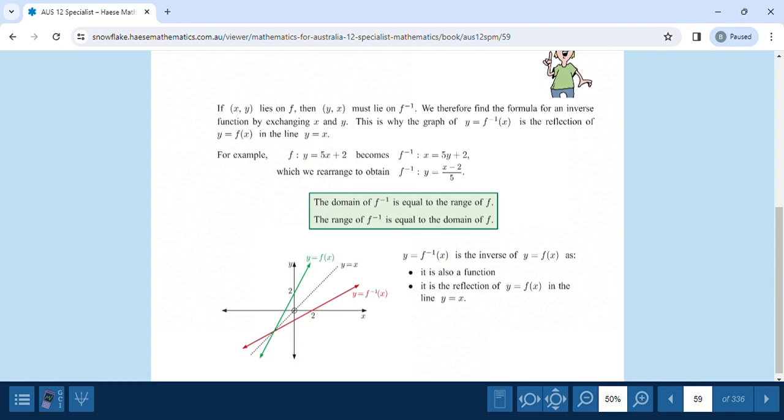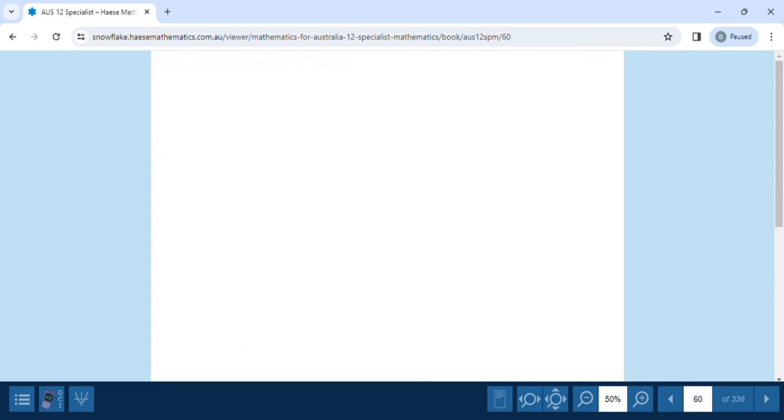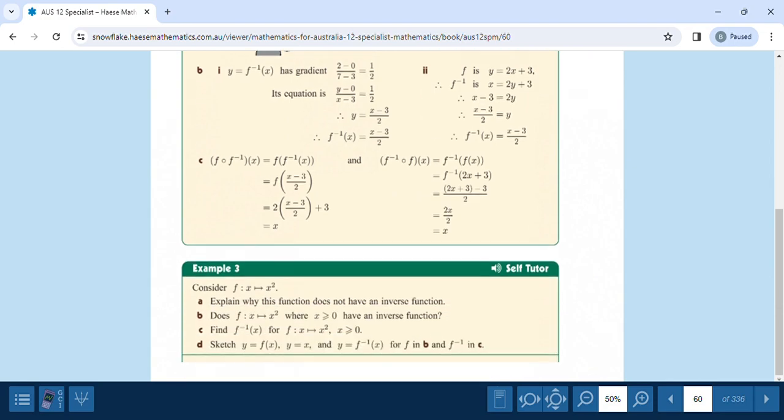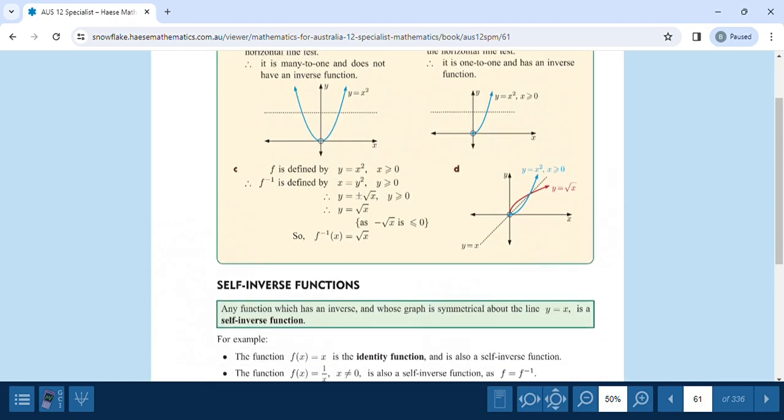And they're reflections in the y equals x graph: the original function and the inverse are reflections in y equals x. So we'll have a look at some questions.